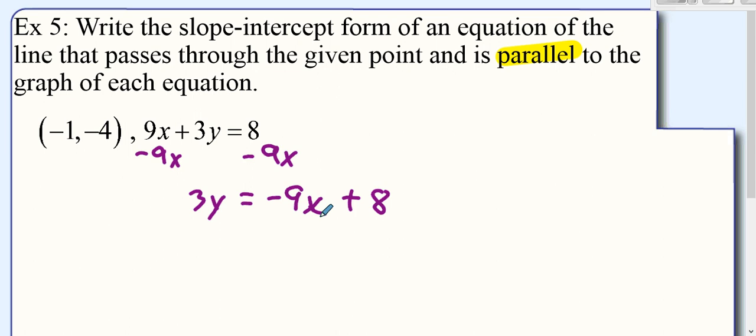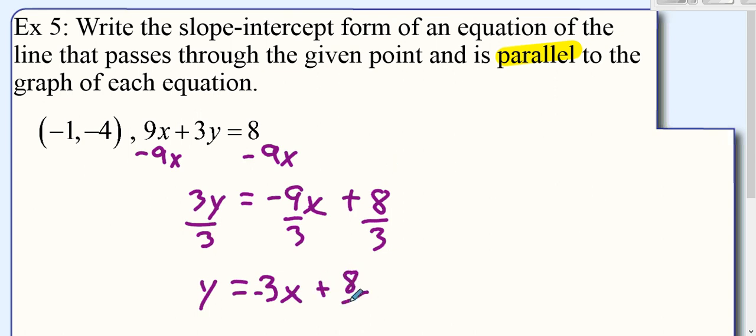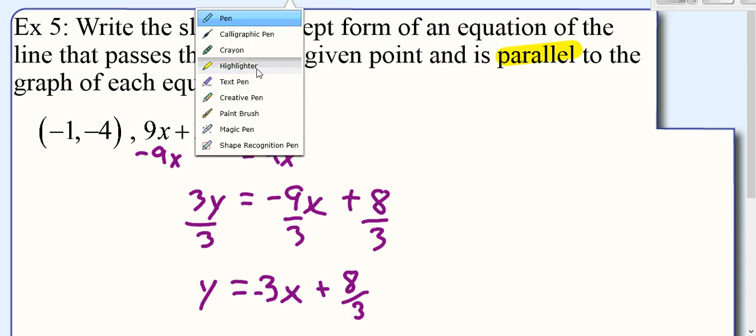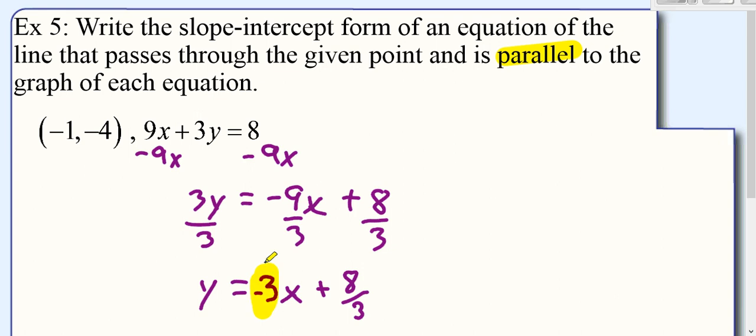And then we're trying to get y by itself, so we're going to divide by 3. -9 over 3 is -3, plus 8/3, we can just leave it as a fraction. Now, the only thing that matters from that is the slope. That's the only piece of that equation that we care about.